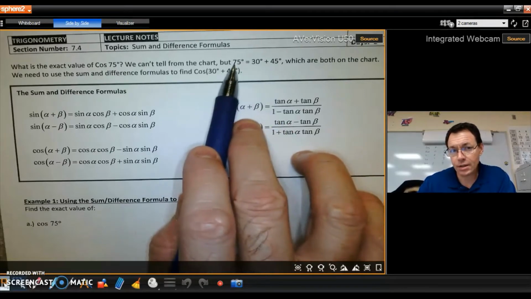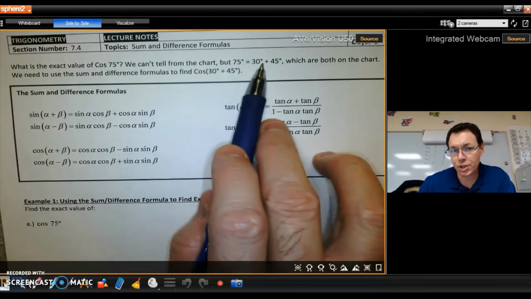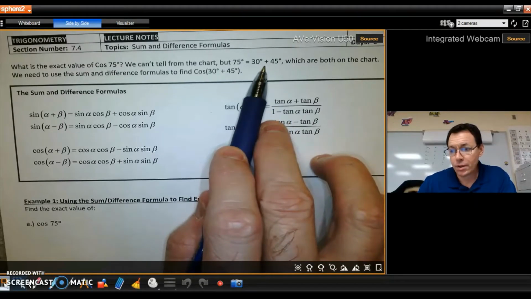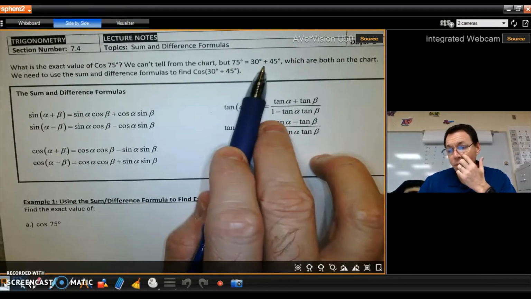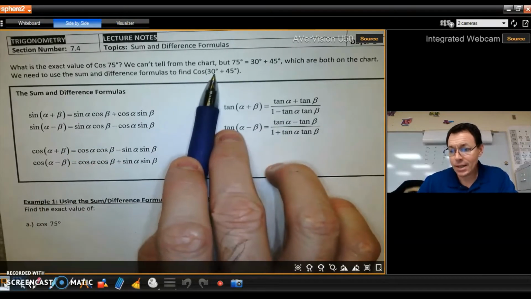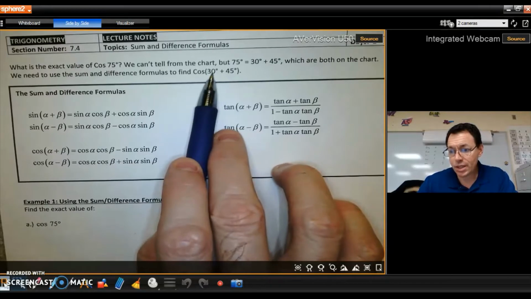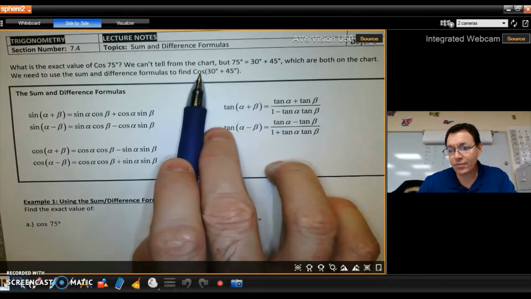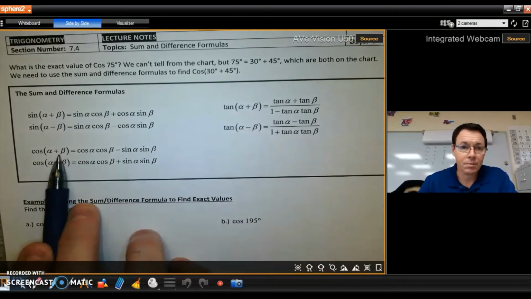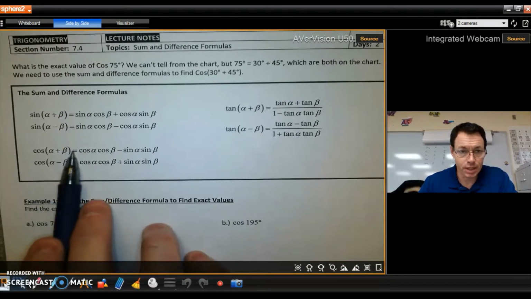You can split a 75-degree angle into these two angles, both of which are on our chart. So if I wanted to know the cosine of 75, I could split it into 30 plus 45, and find the cosine of 30 plus 45, which means I'm going to use one of these formulas down here.